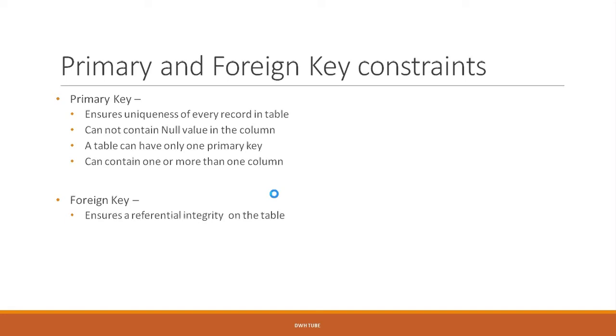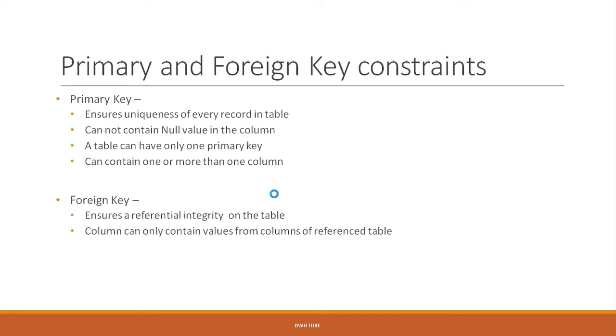What would that ensure is that the department number column in the customer table would only have values that are present in the department table. Correct. If you remember, we had department number as a foreign key, and it was referring to the department table, and the column it was referring to in the department table is department number.